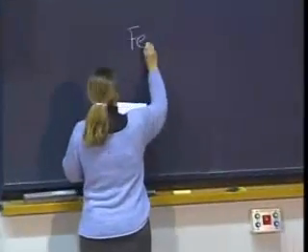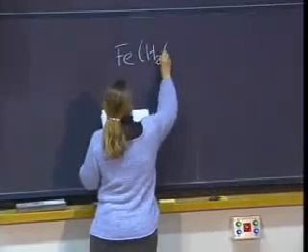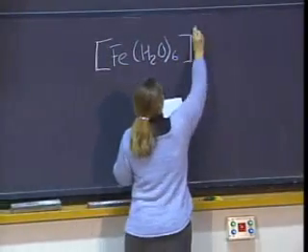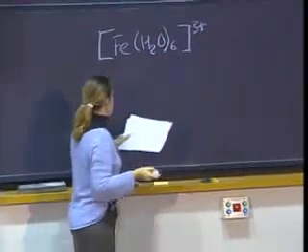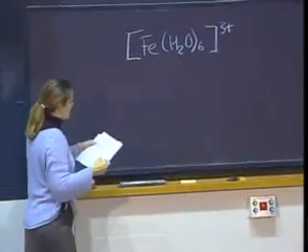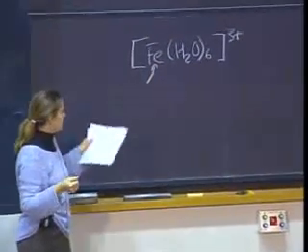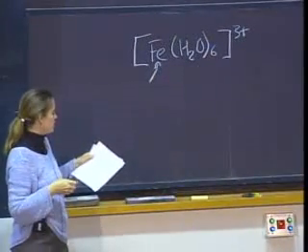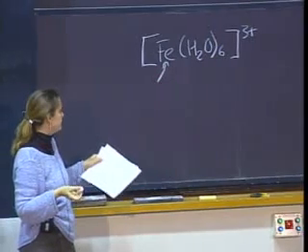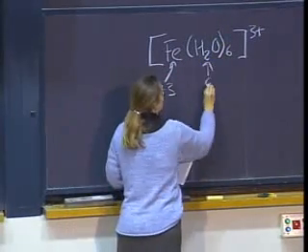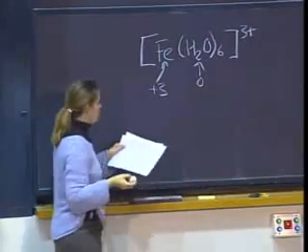If we have iron with 6 water ligands, the overall charge on that is 3 plus. What will be the oxidation number of iron? Plus 3. Water is 0. And so it all has to equal plus 3.